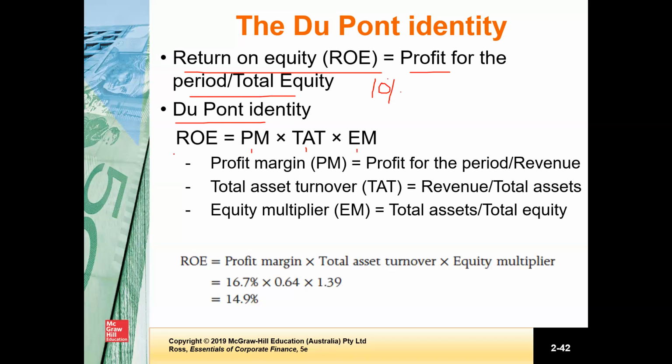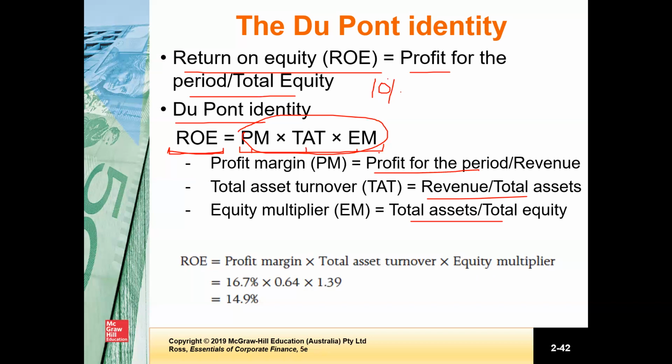So which means that this return on equity essentially is generated by multiplying these three separate ratios. Okay, so profit margin is profit divided by revenue. Total asset turnover is revenue divided by total asset. Equity multiplier is total asset divided by equity. Okay. Now you might be wondering why this return on equity depends on these three ratios.